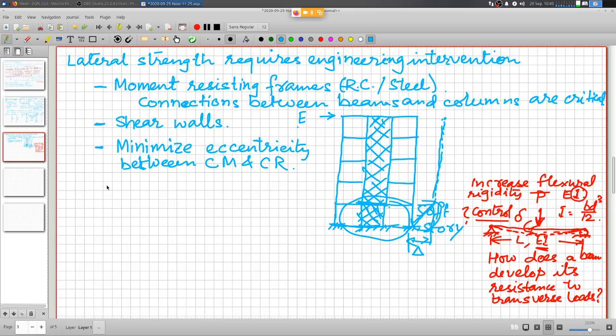Another point is, if we can minimize this eccentricity, then lots of difficult problems arising because of the torsion can be eliminated, because what happens during torsion is it imposes additional deformations at the corner columns or the columns at the periphery, or the structural elements, lateral load resisting elements at the periphery.